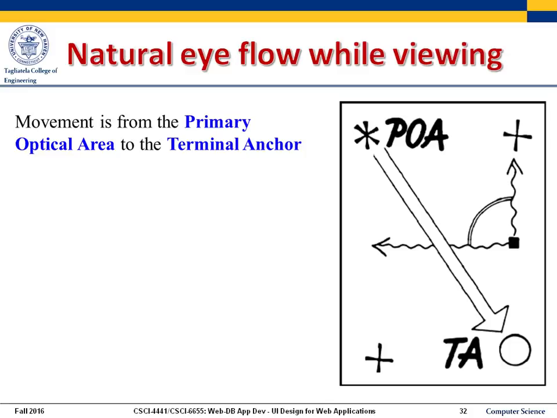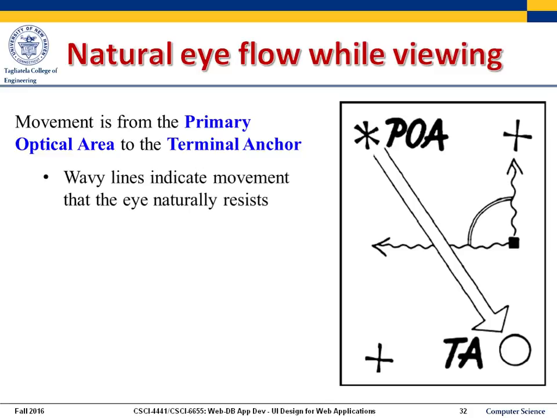But left to right, like English, you're going to have a tendency to go to the upper left-hand corner and then move down towards the other corner. The implication of that is the eye will have a tendency to resist going to the other places. Right? So, what does that mean?